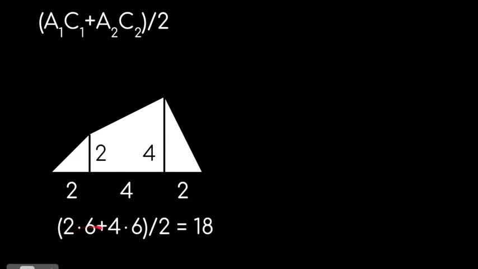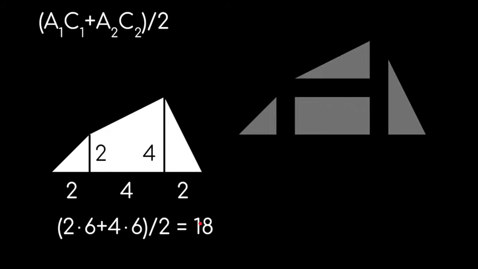That means that we can put in the values, and so A1 is just 2, and then C1 is going to be the first 2 segments combined, so that's 2 plus 4, so that's 6, and then altitude 2 is 4, and then our C2 is going to be 4 plus 2 is 6. We put those together and we get 18.